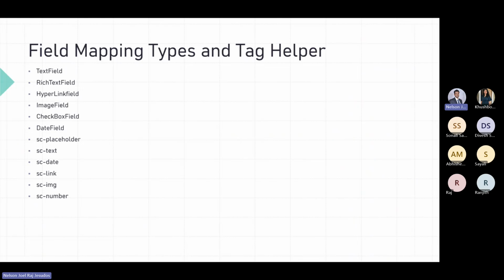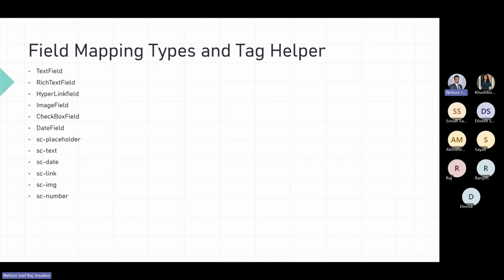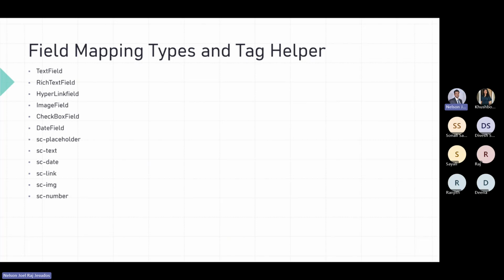This is the way we can define a placeholder in a .NET Core application. SC text is basically used if you want to map any single-line text, multi-line text, or rich text editor, something like that. Then there is date, if you want to map the date field, and also the link field, image field, and number.